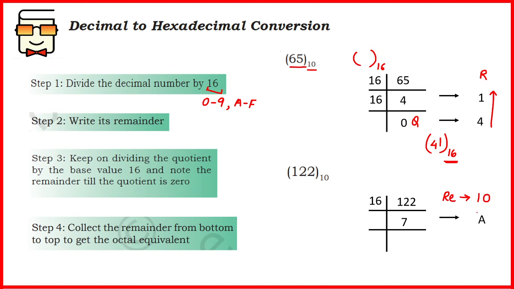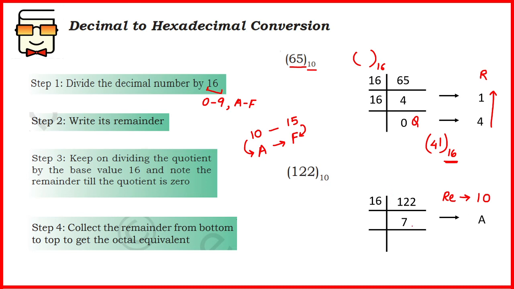But if you get a remainder of 10 to 15, then you'll have to write them in terms of the digits A to F, because the decimal number 10 is equivalent to hexadecimal A, and the decimal number 15 is equivalent to the capital letter F in hexadecimal, and so on in between. You will have to be very careful of this particular point in hexadecimal conversion.